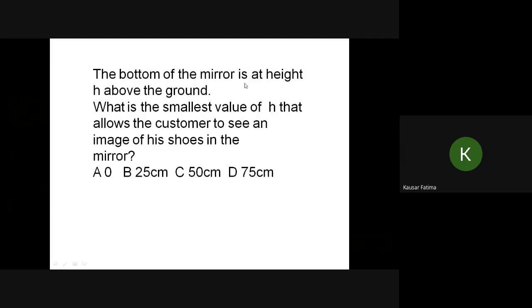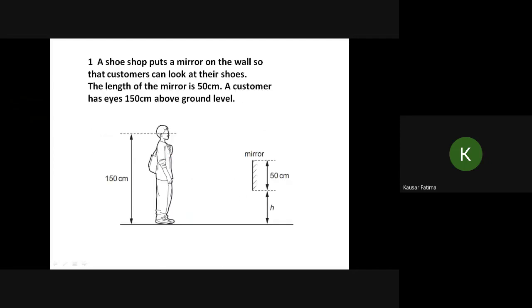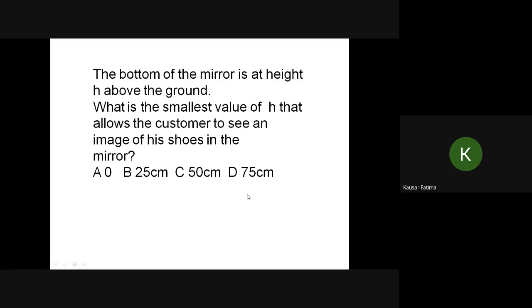The bottom of the mirror is at a height of h above the ground. What is the smallest value of h that allows the customer to see an image of his shoe in the mirror? Remember, they are asking to calculate the smallest value of h.